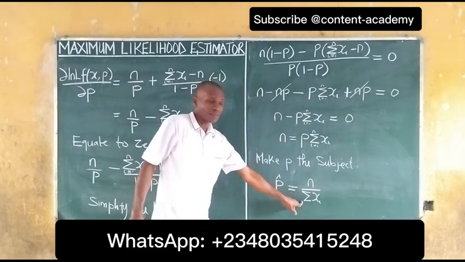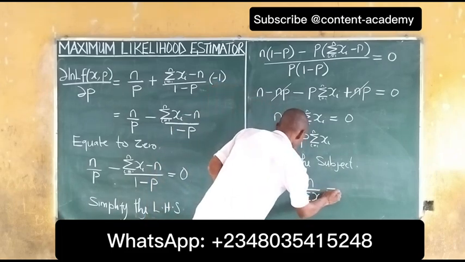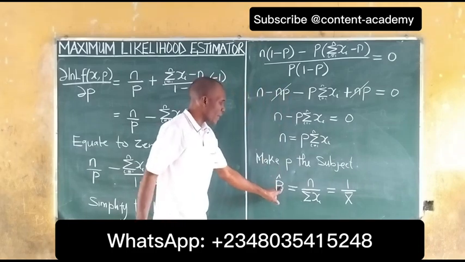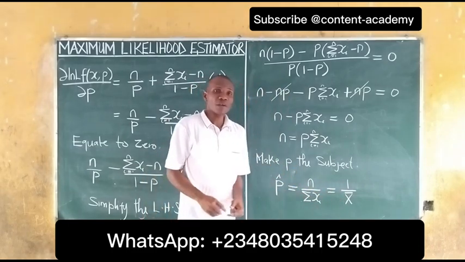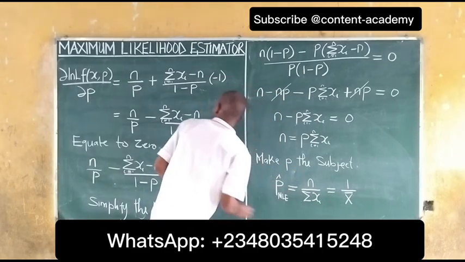Now, if you watch, this thing is the reciprocal of x bar. So it means that our p estimate is equal to 1 all over x bar. Of course, now our p estimate is biased for the maximum likelihood of the geometric distribution.